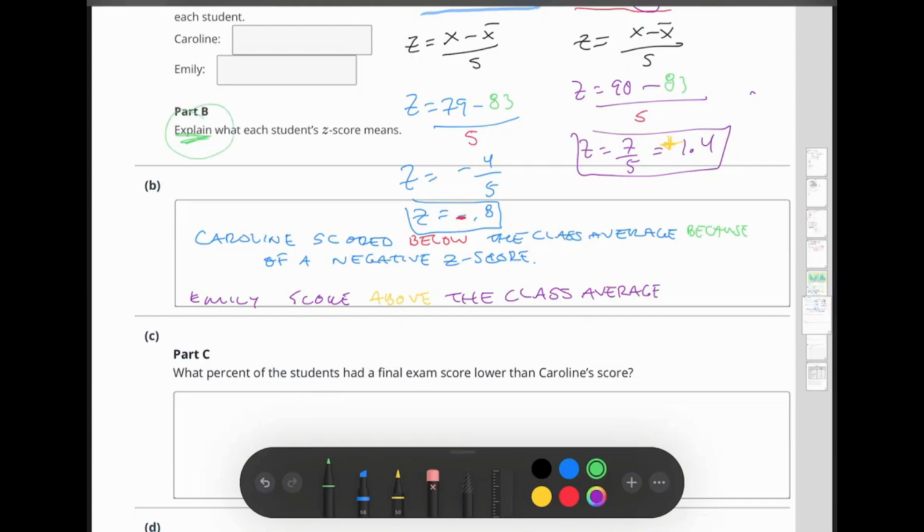My explain word, because of a positive z-score.